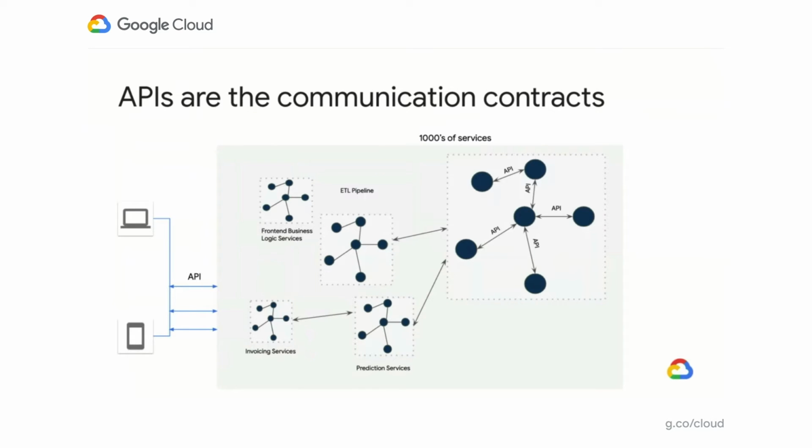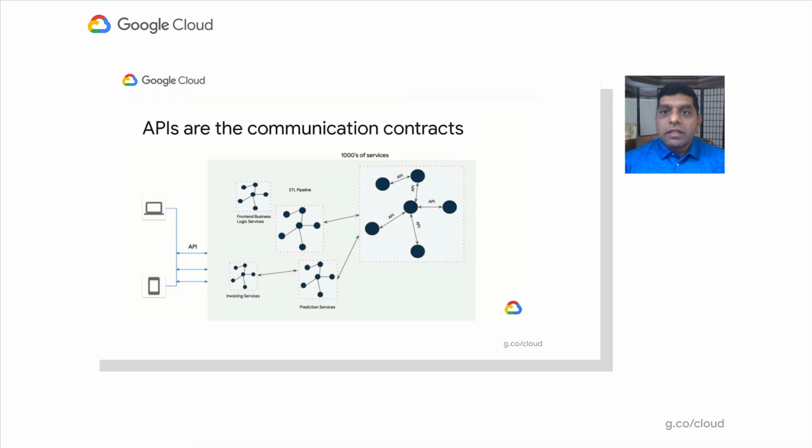So this is how enterprise services can look. You have multiple services. They're all communicating over APIs. And by default, APIs become a communication contract between services, right? Every system that can receive requests has some kind of an API. They can be RESTful, they can be SOAP, or maybe a thousand different ways of doing APIs.